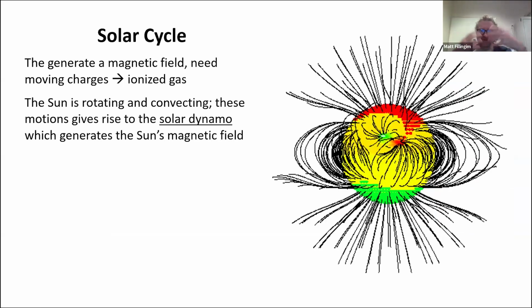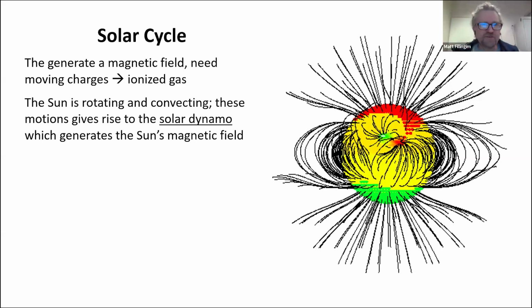Okay, so to that we have to basically think about why the sun has a magnetic field at all, and then think about why that magnetic field changes. So whenever you have a moving charge, you can create a magnetic field. The sun is made of moving charges. It's all ionized gas.